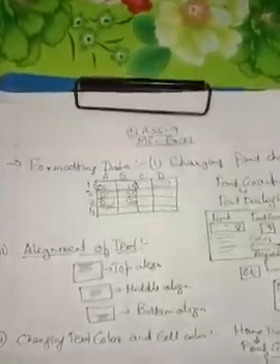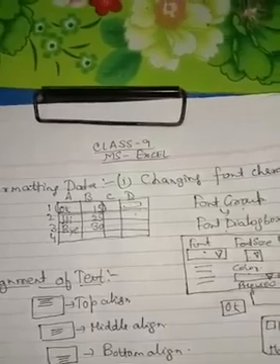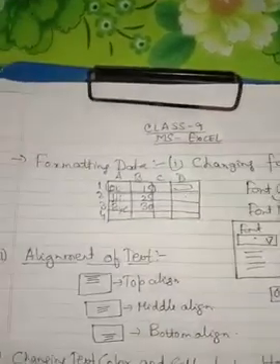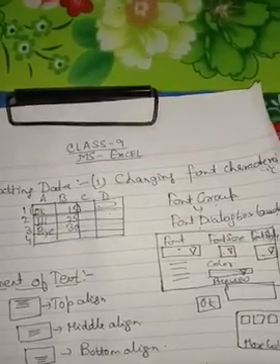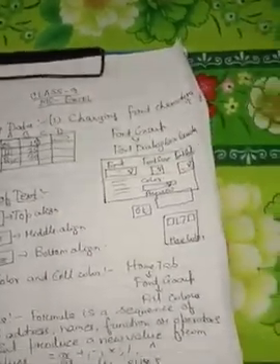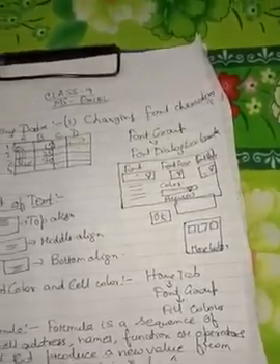So what is formatting the data? What are the different options available in formatting the data? Like changing the font characteristics. How can we change the font characteristics? The different types of font options that are available.